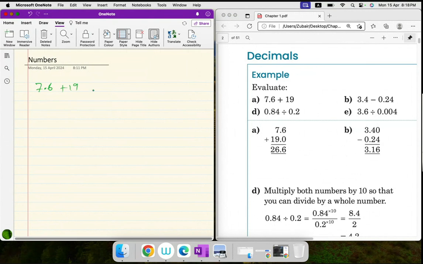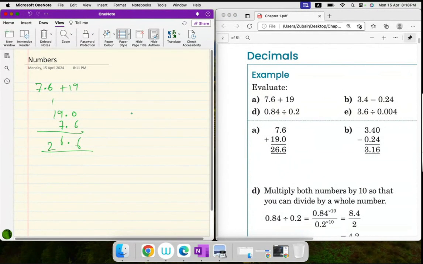Whenever we add decimal numbers, we write them over each other and we write the decimal exactly below the previous one. Yes. So it will be 26 point. Okay, you're giving me the answer. Okay.